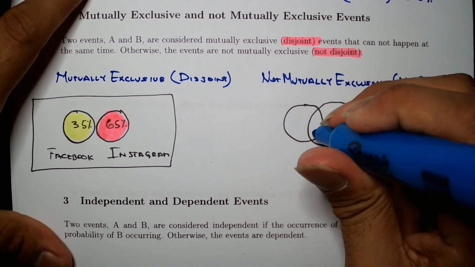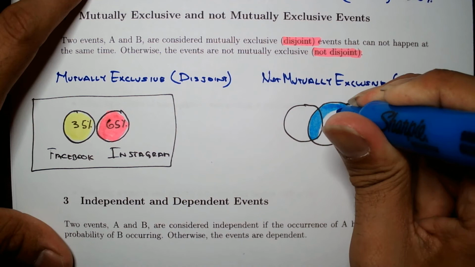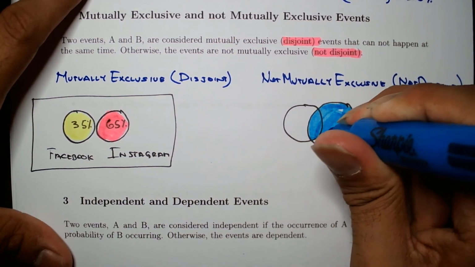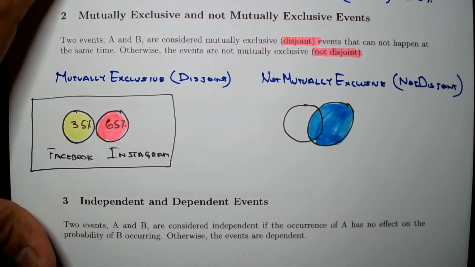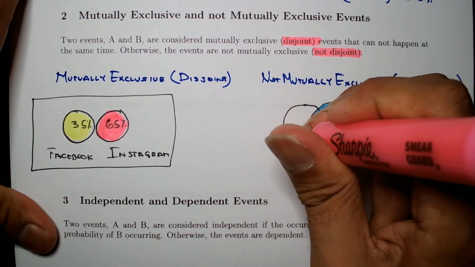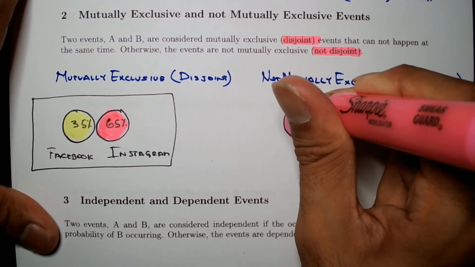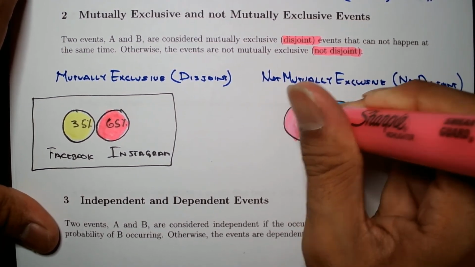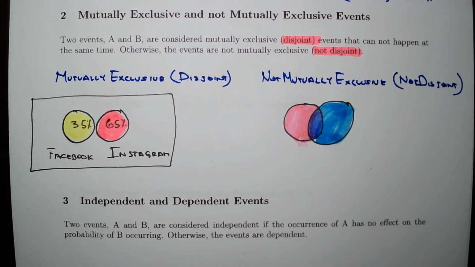All right, so in this case, I'm going to use blue for the people who have Instagram, and pink to denote the people who have both. All right, so those are not mutually exclusive or not disjoint events.